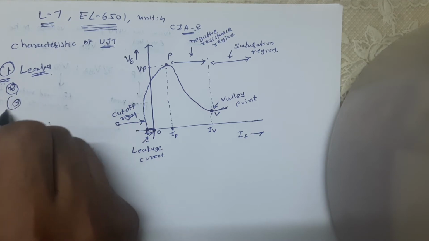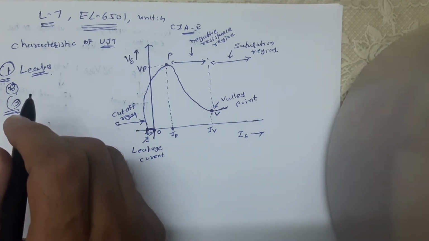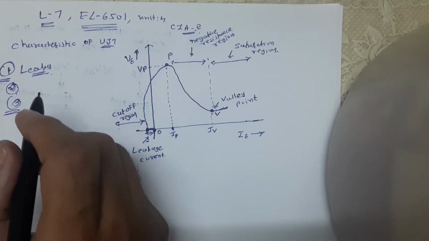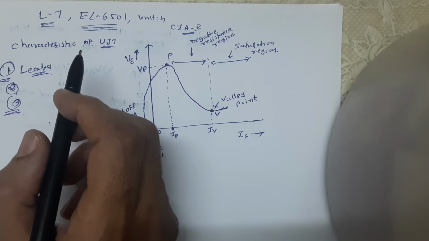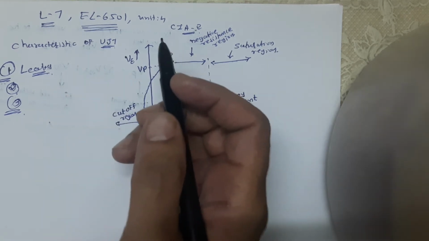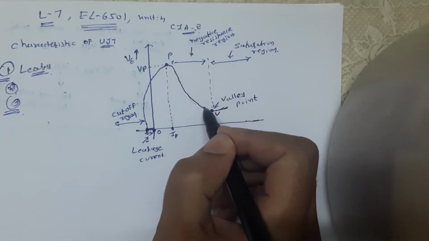The third point is, after the peak point P, an attempt to increase VE is followed by a sudden increase in emitter current with a corresponding decrease in VE. So after this, the current increases and voltage decreases.